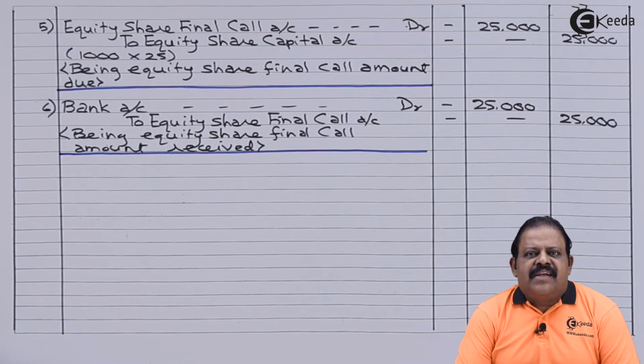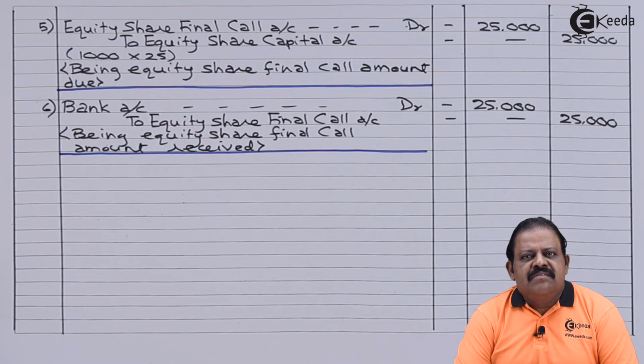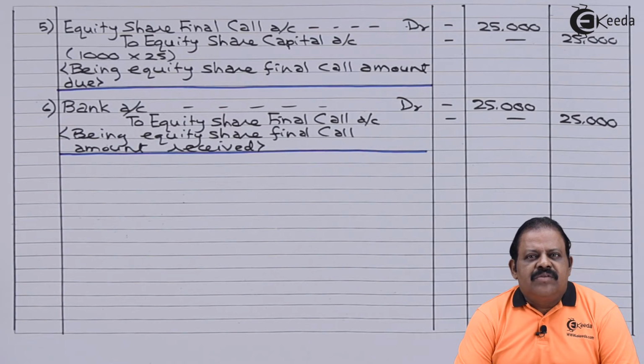So here we can understand at application stage there are two entries, one for application amount received, another entry for transferring application amount to equity share capital account. At allotment stage there are two entries, one for allotment amount due, other for allotment amount received.